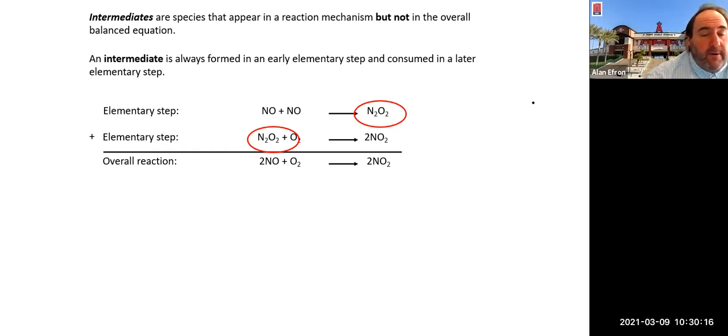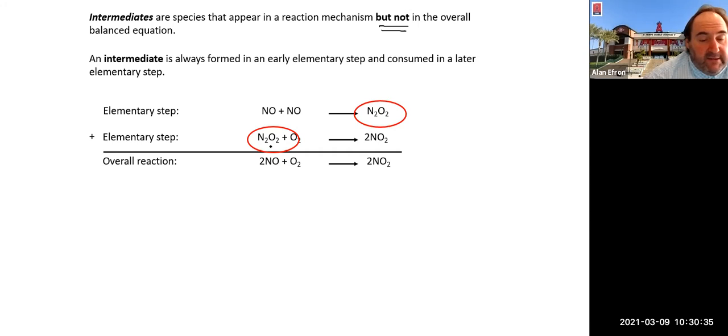But the important part in order to recognize something as an intermediate is that it gets used up by the end of the reaction. And what that means is that the intermediate will not appear in the overall reaction. So that's an important distinction.